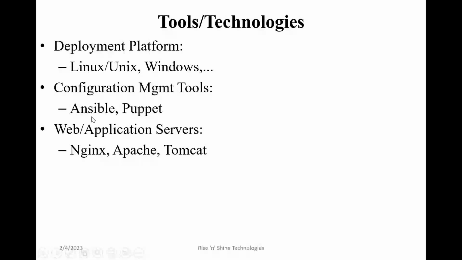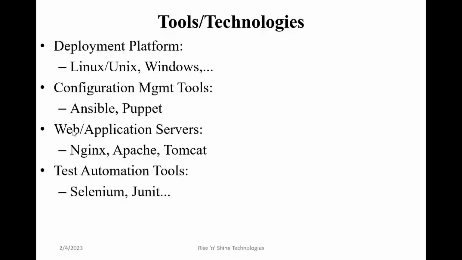And next one is the test automation tools. So JUnit we have and Selenium we have. And next one is, yes, scripting approaches. Shell scripting and Python also we are going to learn. Shell scripting is the minimum, and if you mention Python, that is an added advantage.